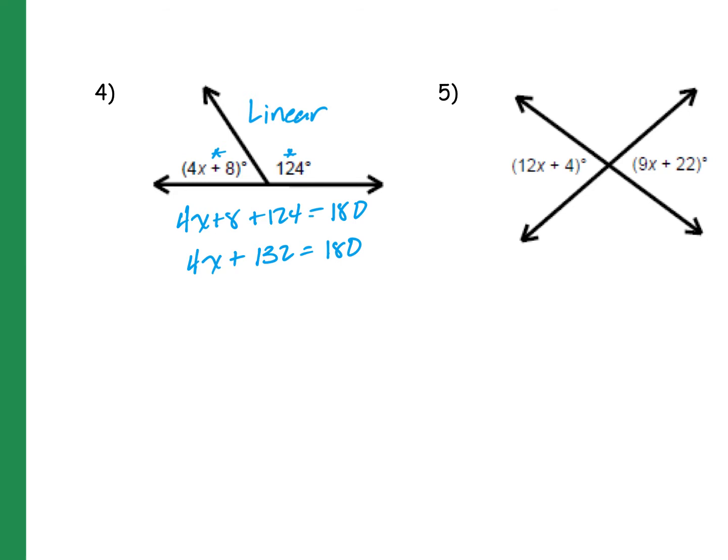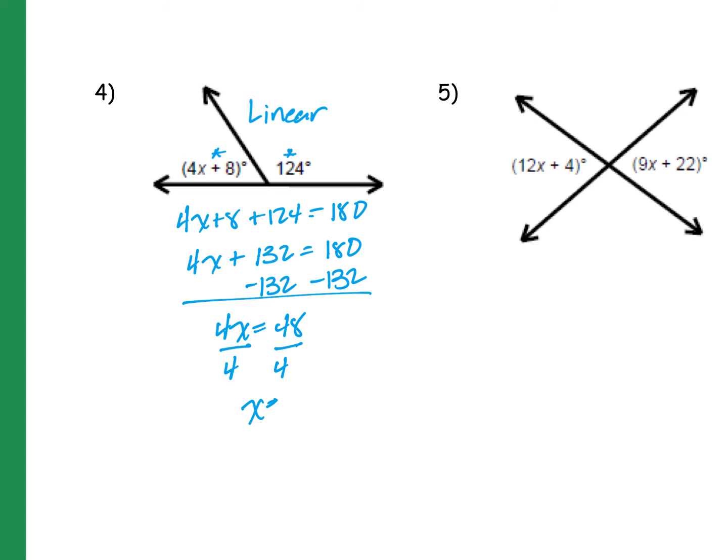Subtract 132 from both sides. Good. I'm going to subtract 132 from both sides. 48 degrees. And I'm going to get 4x equals 48. And then I'm going to divide by 4, and x is going to equal 1. 48 divided by 4 is 1.